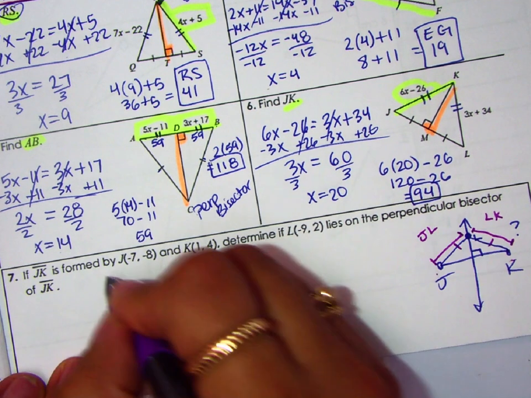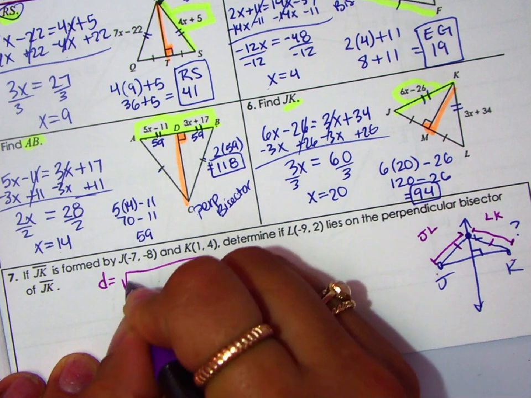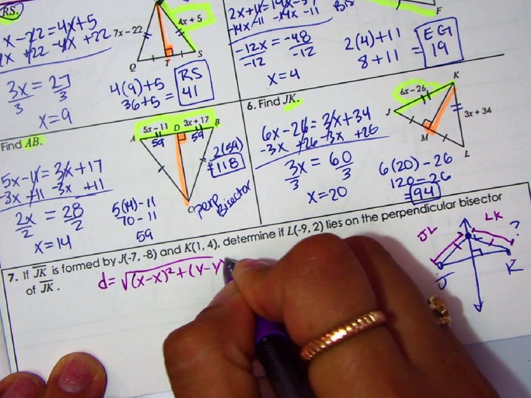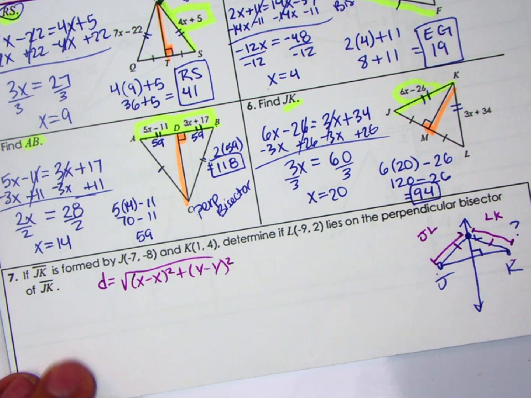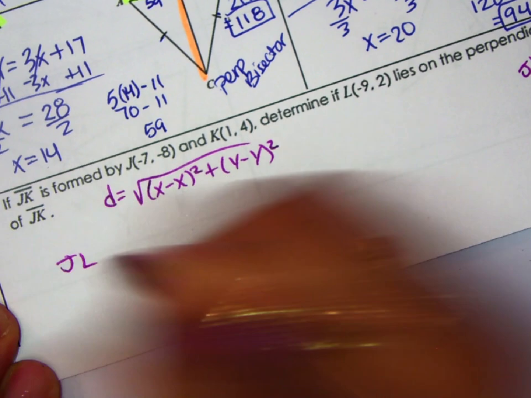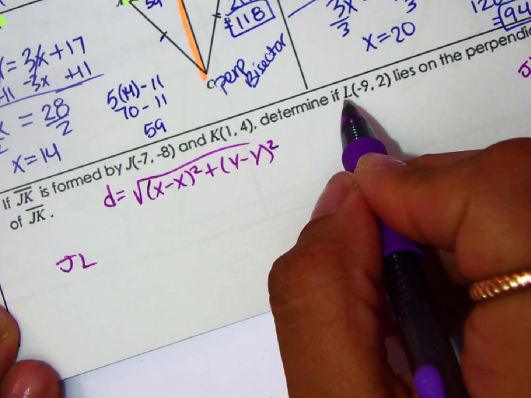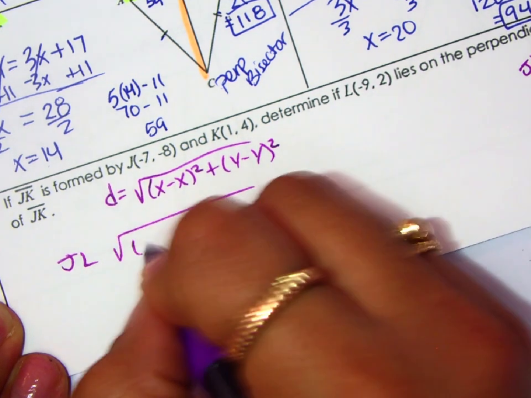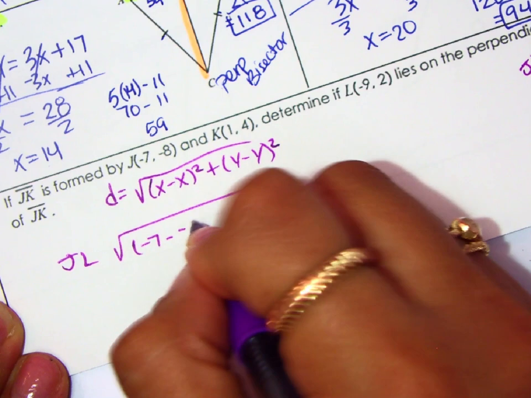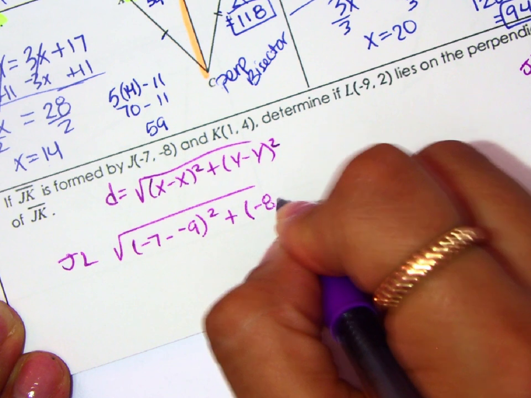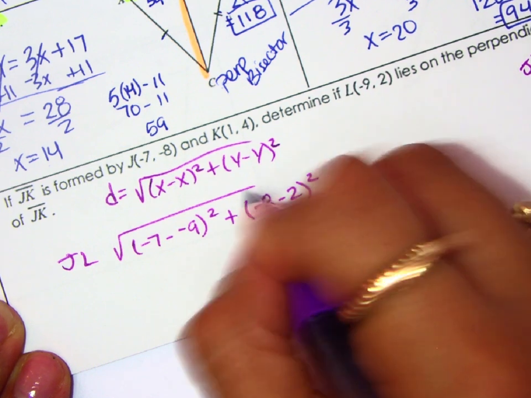We're going to do the distance formula again. X minus x squared plus y minus y. And we're going to do these 2 to compare and see if they're equal. So let's see. We have JL, J to L. And that's going to be square root of -7 minus -9 squared plus -8 minus 2 squared.